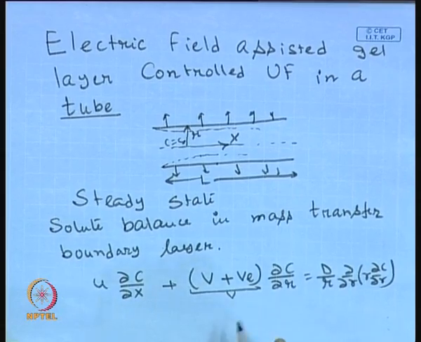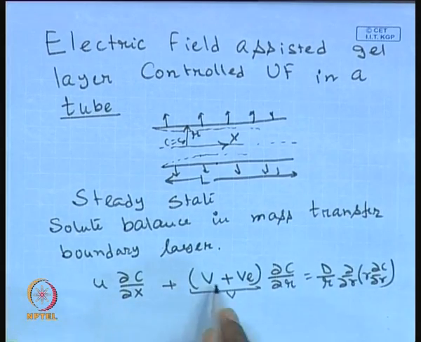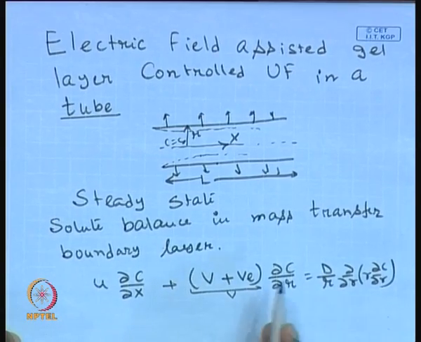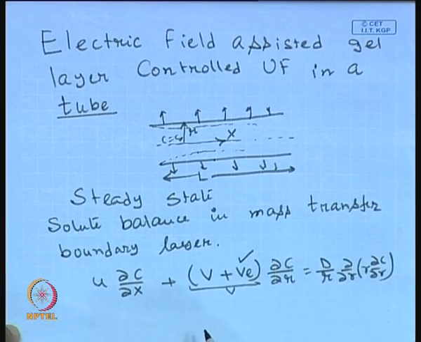What is this v? If u and v are the velocity components in the x and r directions respectively, in this case the y direction is nothing but the r direction. Now, the velocity will have two components. One will be the electrophoretic velocity, the other will be the relative velocity. The electrophoretic velocity can be related to the electrophoretic mobility.